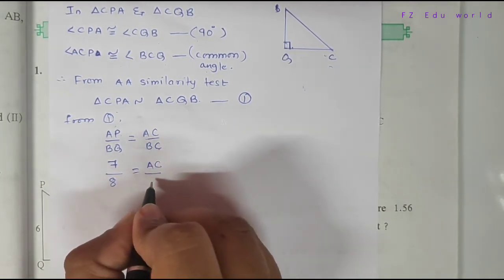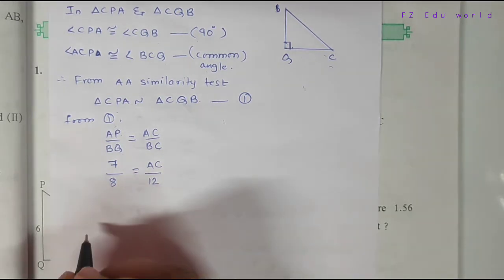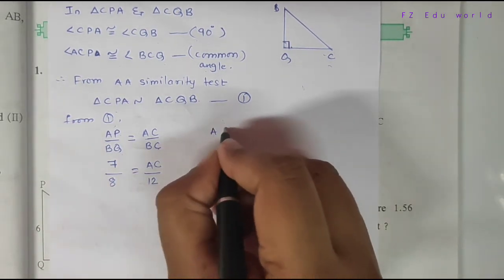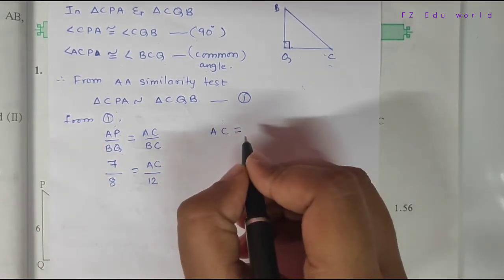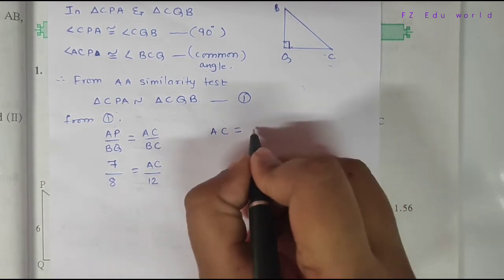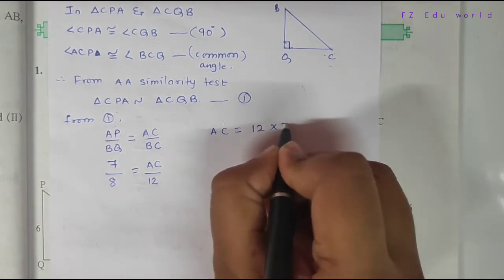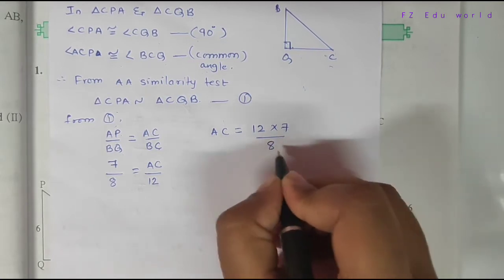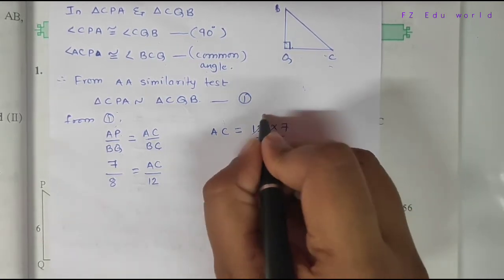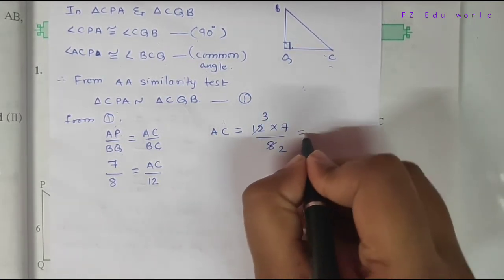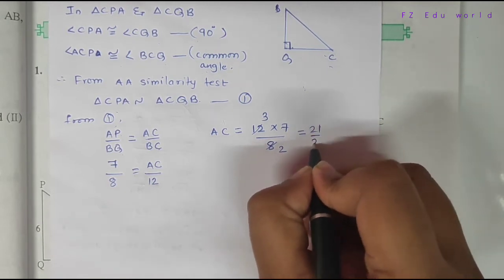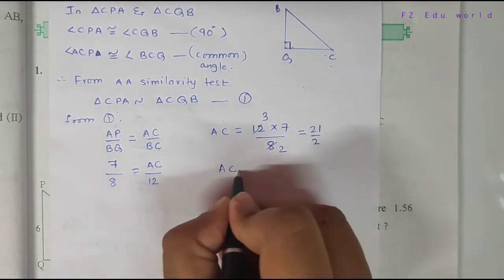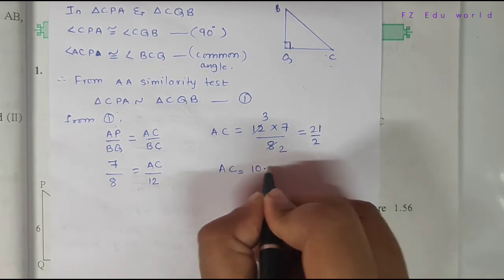BC is given 12. So we can write AC is equal to 12 into 7 upon 8. 4 twos are 8, 4 threes are 12. So 21 upon 2. So AC is equal to 10.5.